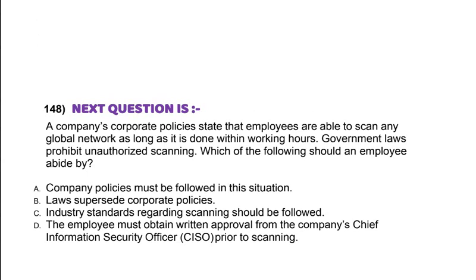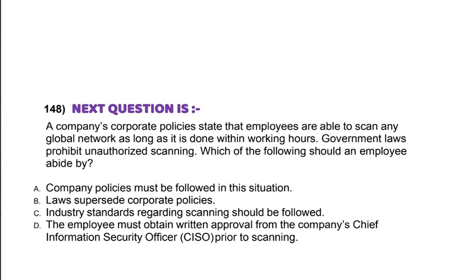Question is a company's corporate policies state that employees are able to scan any global network as long as it is done within network hours. Government laws prohibit unauthorized scanning. Which of the following should an employee abide by? Option A, company policies must be followed in this situation.